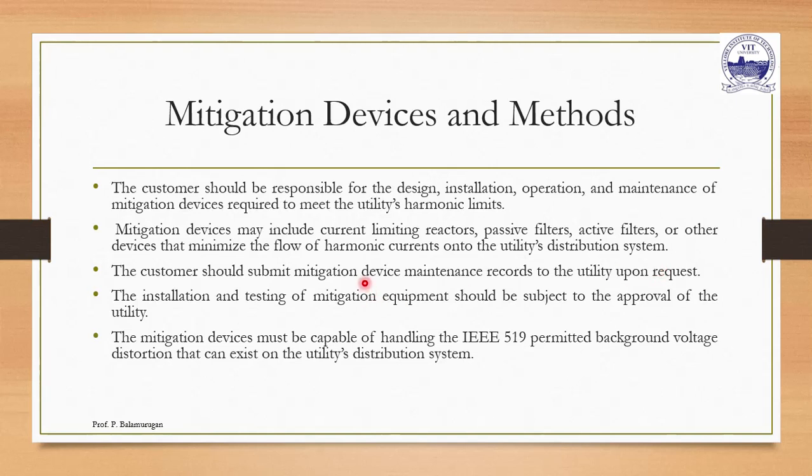The customer should submit the mitigation device maintenance records to the utility upon request, and the installation and the testing of the mitigation equipment should be subject to the approval of the utility. The mitigation devices should be capable of handling the IEEE 519 permitted background voltage distortion that can exist on the utility's distribution system.